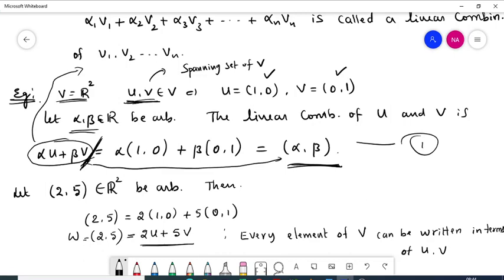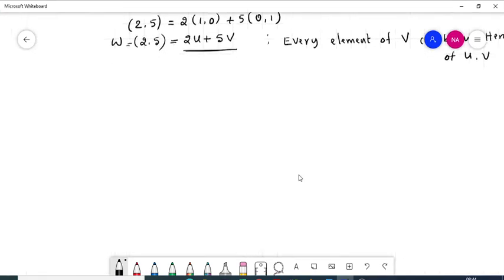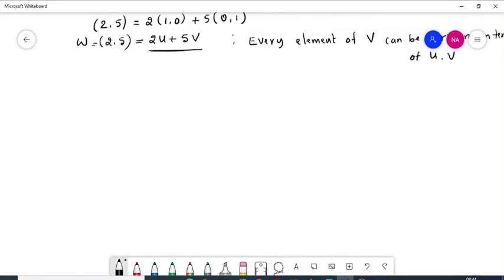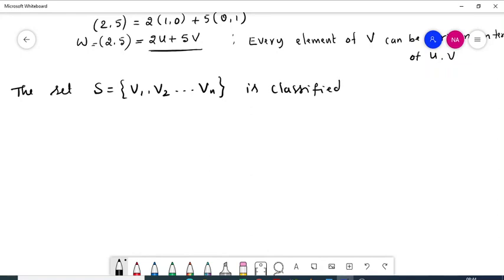So this is called the linear combination.